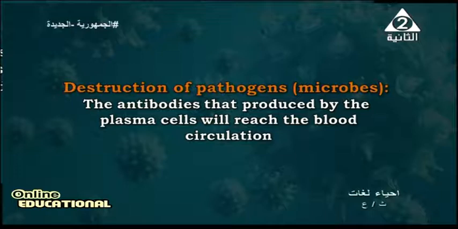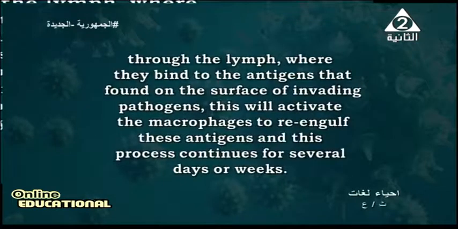The antibody produced by the plasma cells will reach the blood circulation, killing the microbes inside it, through the lymph, where they bind to the antigen found on the surface of the invading pathogen. This will activate the macrophage again to re-engulf this antigen, and this process continues for several days or weeks. This is if the infection occurs the next time.